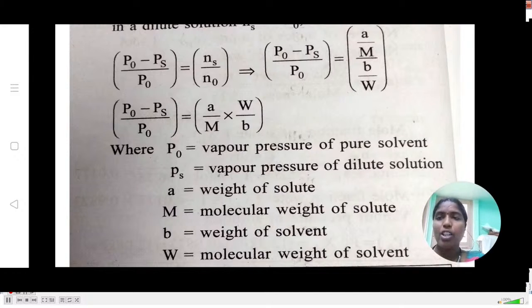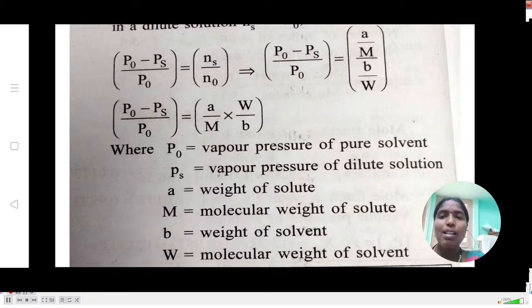In this formula the terms are: P0 is the vapor pressure of the pure solvent, Ps is the vapor pressure of the dilute solution, A is the weight of the solute, M is the molecular weight of the solute, B is the weight of the solvent, and W is the molecular weight of the solvent.